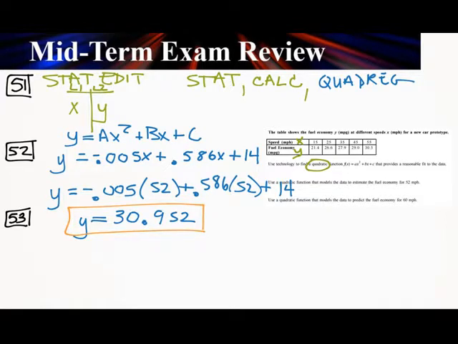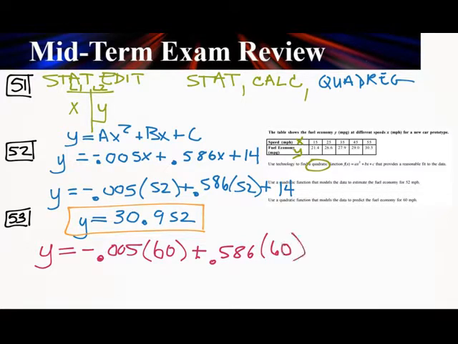So let's do 53. We take the same equation, or quadratic model, and we're going to plug in 60 this time. So it's going to be y equals negative 0.005 times 60 squared, plus 0.586 times 60 plus 14.